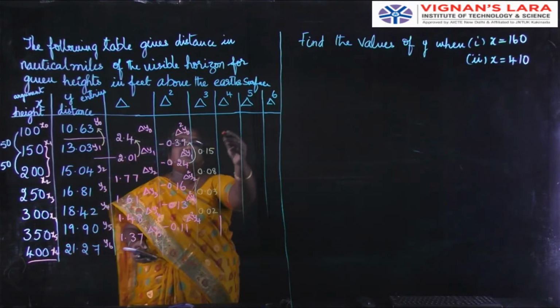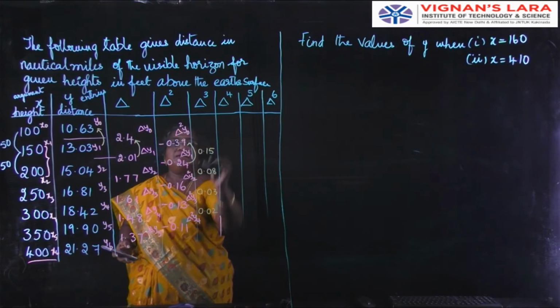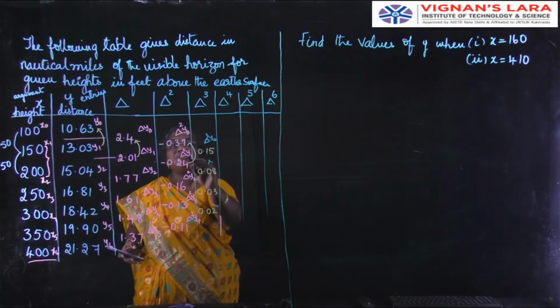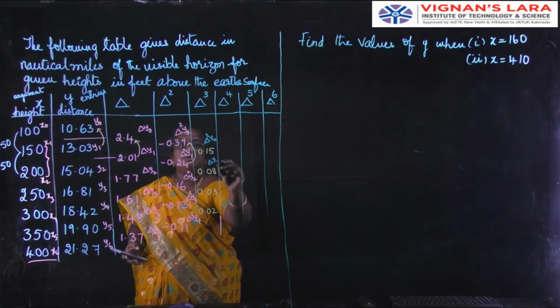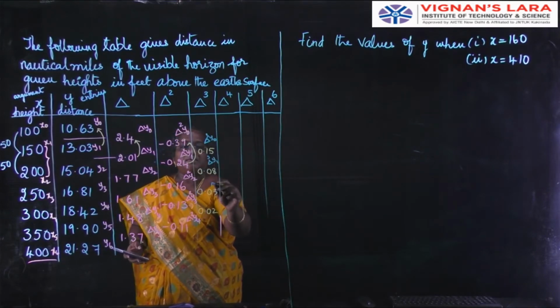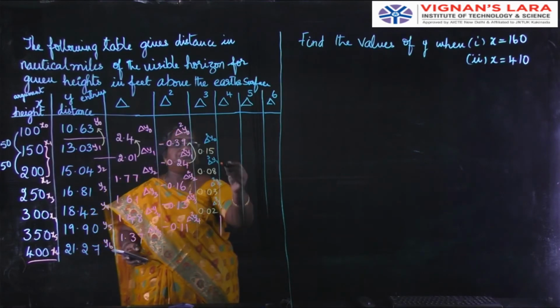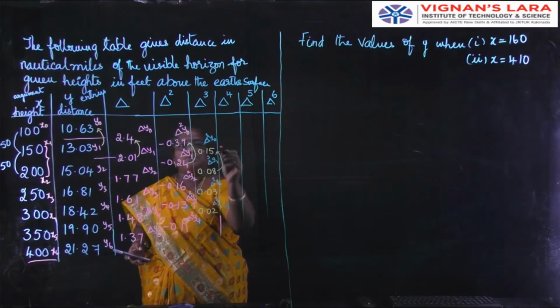So this is called del cube y naught. This is del square y1 minus del square y naught is del cube y naught. Del cube y1, del cube y2, del cube y3.